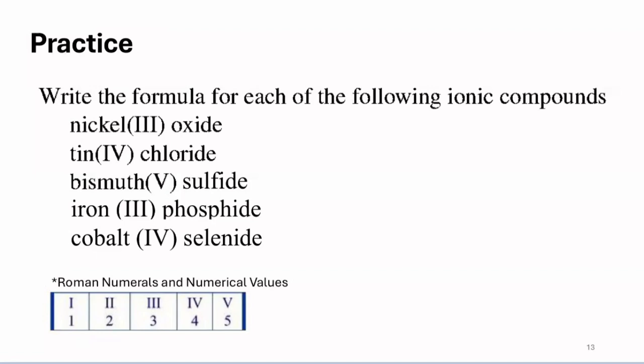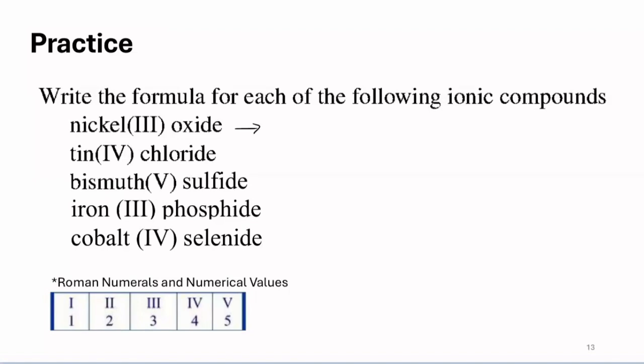So for example, if we look at the first example that we have, which is nickel 3 oxide, I don't have to think of where nickel is in the periodic table or what nickel's group is. When you have elements with variable charge, the Roman numeral tells you their charge. So in that first example, we're going to follow the 4 steps given a name to chemical formula that we learned previously in the chapter.